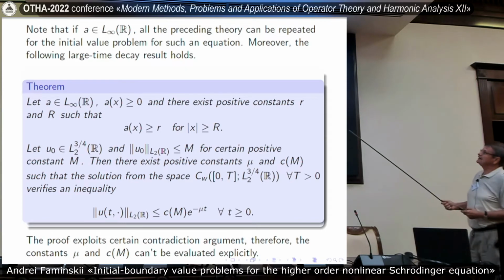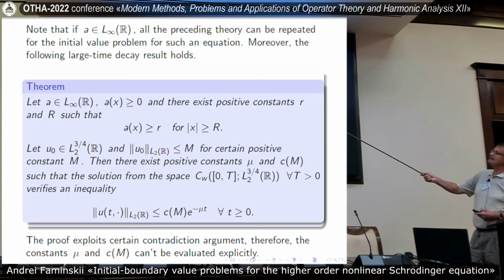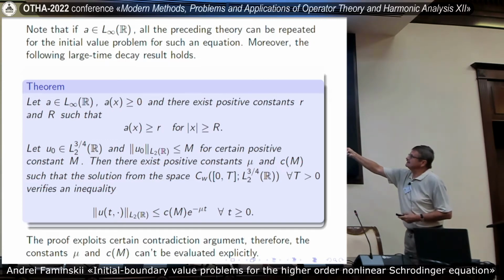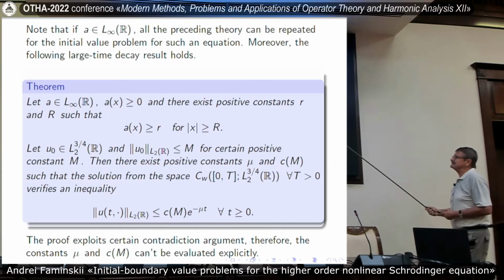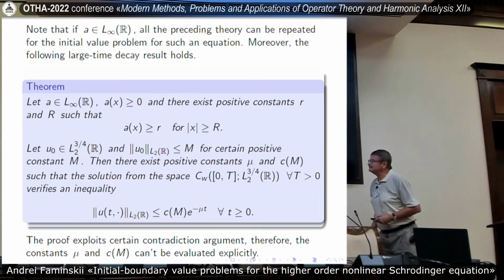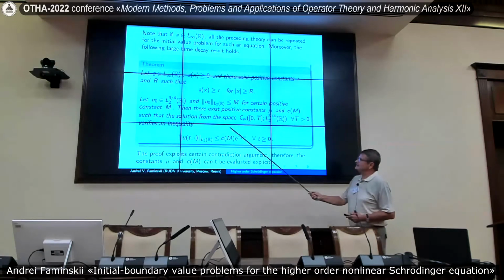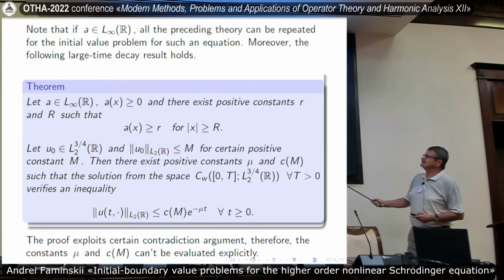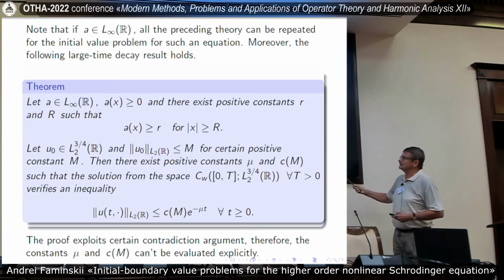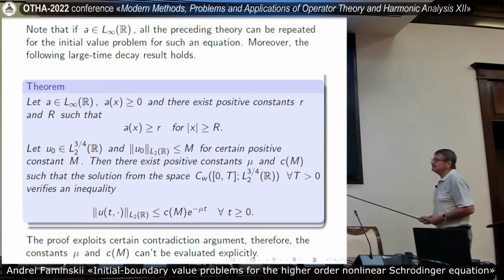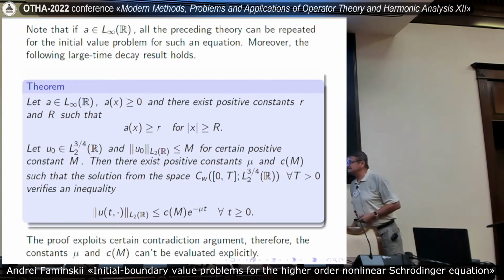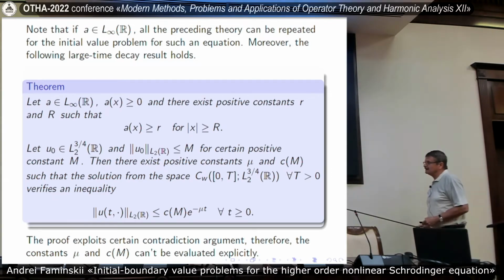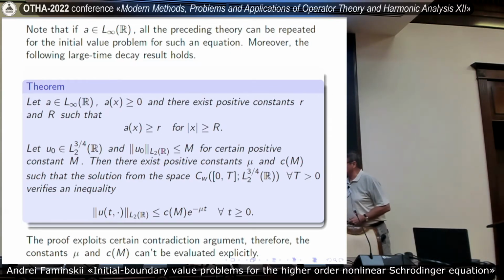So the theorem here is the following. If the function a is from L infinity, is non-negative and is strictly positive at infinity, and if u0 is from L2 3/4, then for the unique global solution the following estimate is valid. So we have exponential decay of the L2 norm.